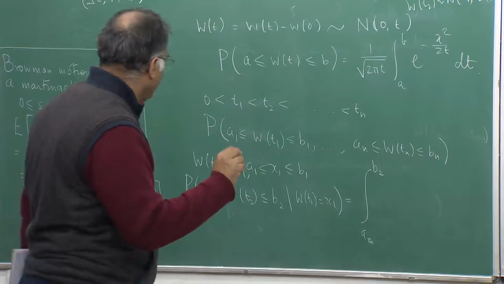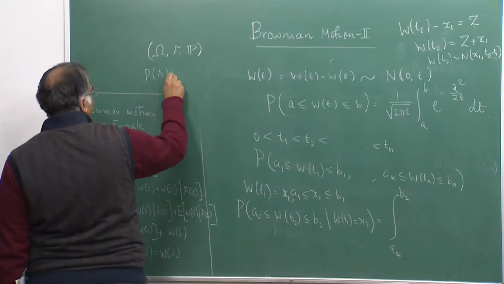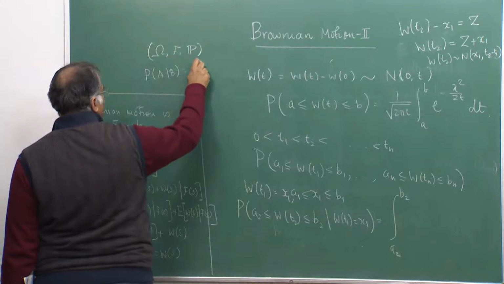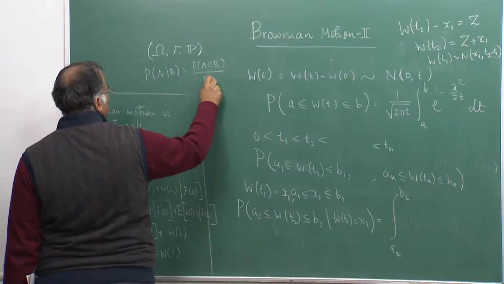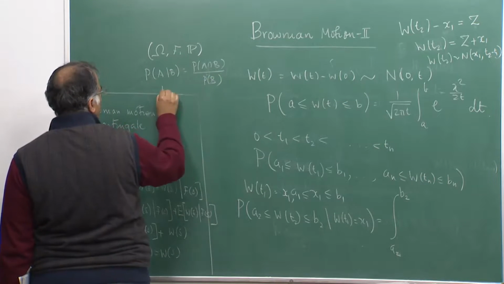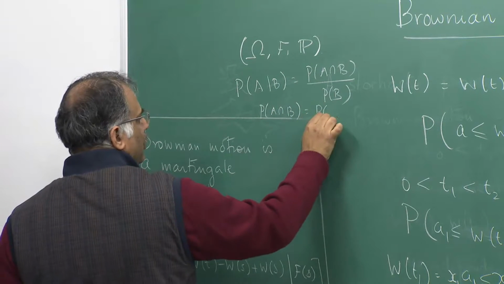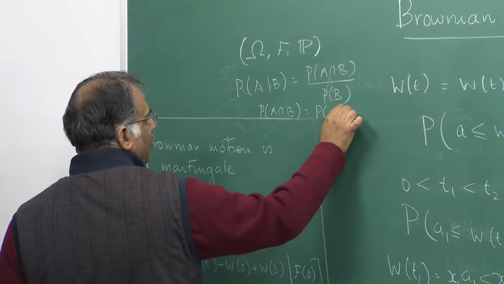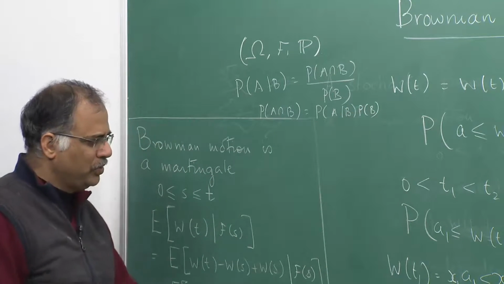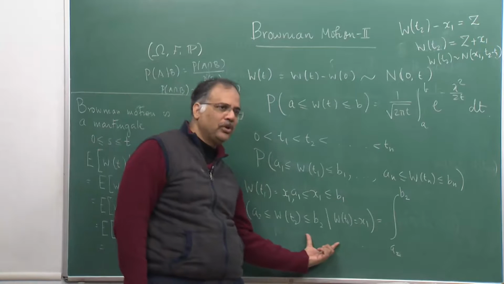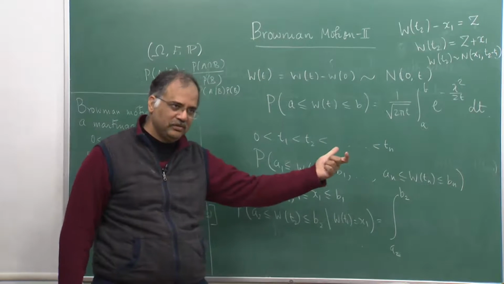Probability of A given B is probability of A intersection B by probability of B, this is what we had learned. So we can always write probability of A intersection B as probability of A given B into probability of B, that is exactly what we are going to do here. So first we are computing the conditional expectation, and then using this we will write the joint probability.